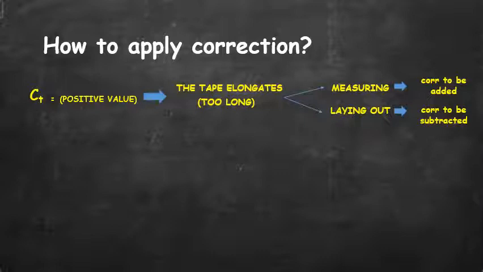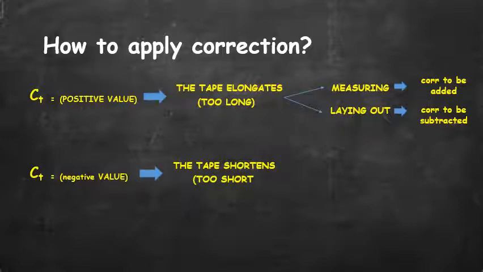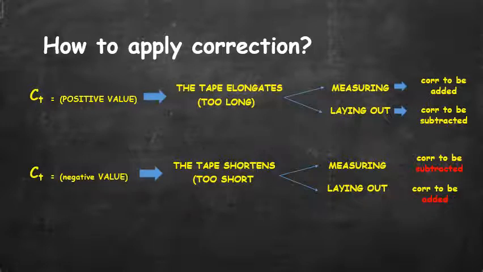Pag yung C sub T naman, it came out na negative ang value, so the tape is shortened or cold yung temperature. That means the tape is too short. Pag nagme-measure tayo again, correction should be subtracted. Pag nagle-layout, yung correction is to be added.